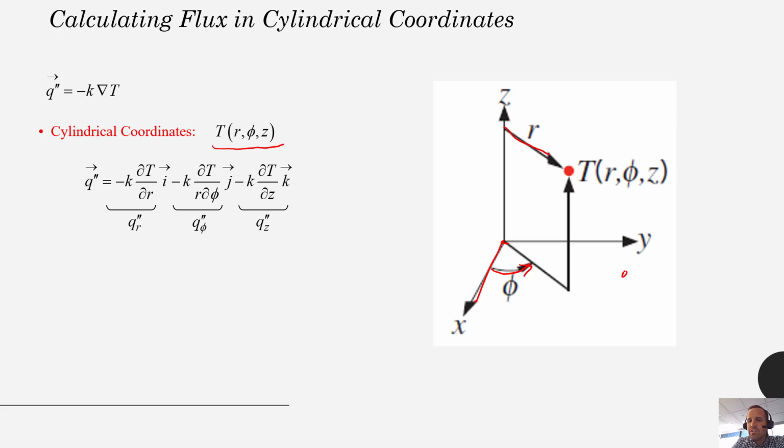We could still get to any point. Then the z direction tells us how far we are axially away from the xyz origin, so how far we are away from that 2D plane in this direction.